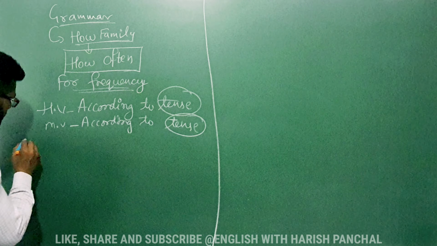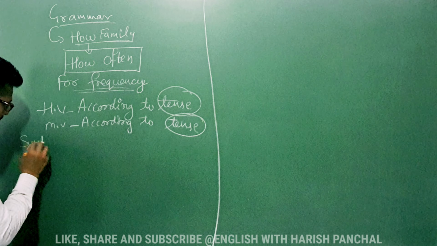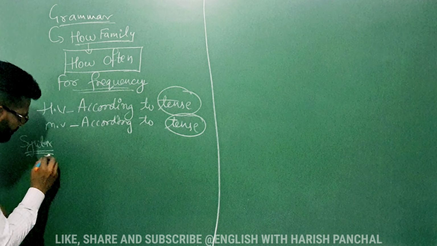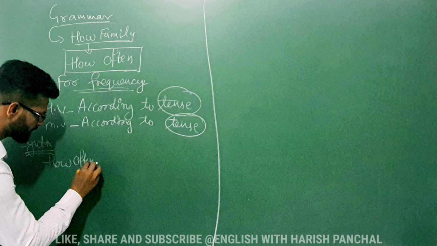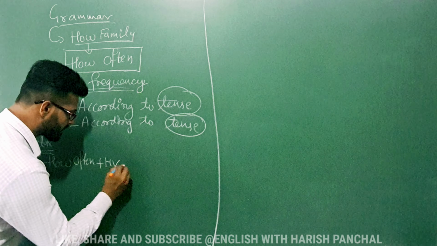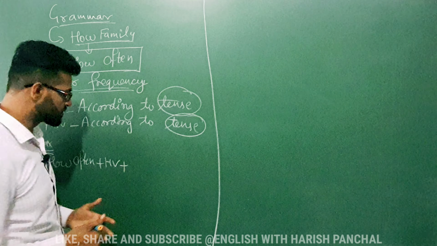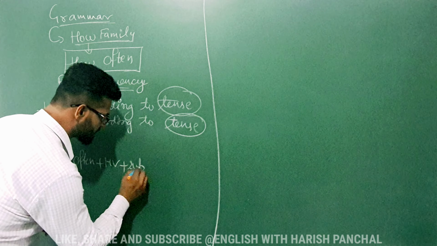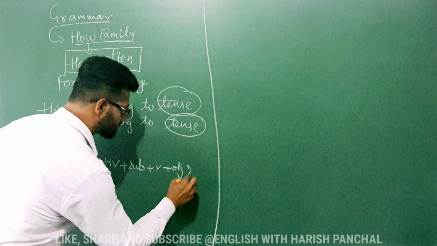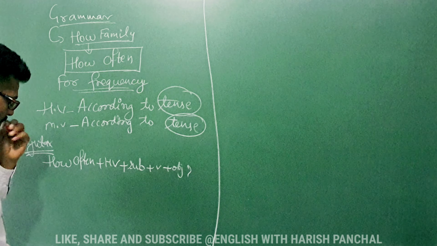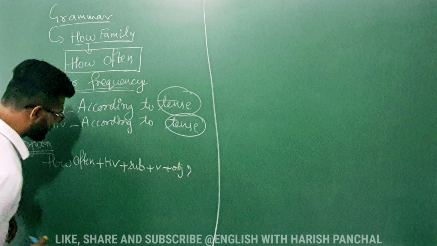Okay, so now let's discuss the syntax. Syntax is very easy. First of all, you use how often in the sentence. After that you use the helping verb, according to the tense you are using, and the subject. After that the verb according to your tense, and a question mark.